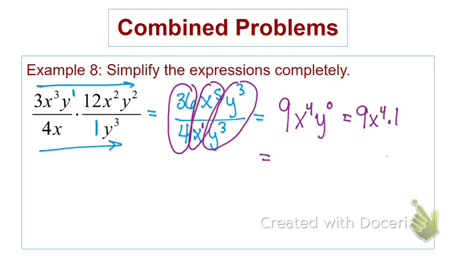And 1 times anything is itself. So final answer is 9x to the 4th. Again, you may have chosen to apply the exponent rules in a different order or different exponent rules altogether, depending on how you approach the problem, but you should end up with that same solution.